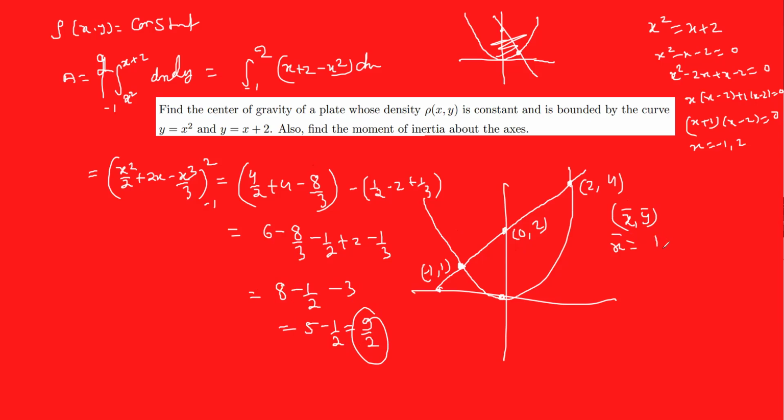This is the formula of x bar. 1 upon area, integral x goes x1 to x2, dx, right? Density is constant.